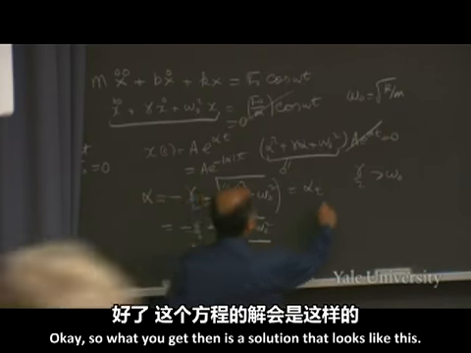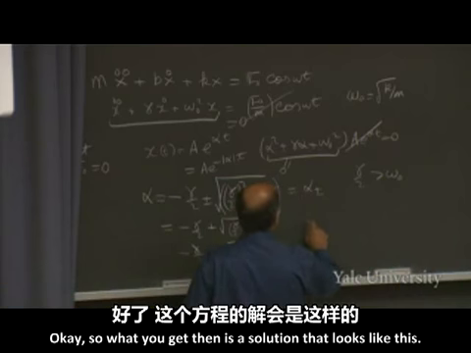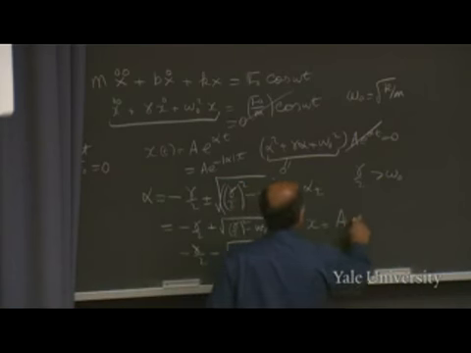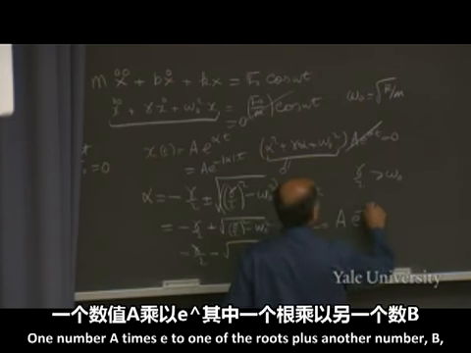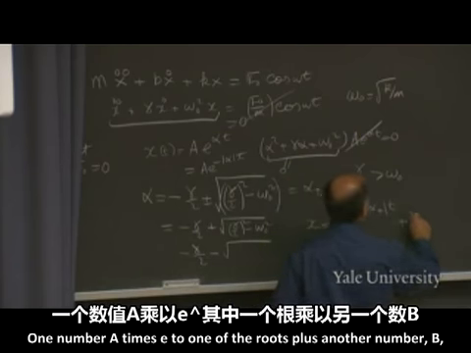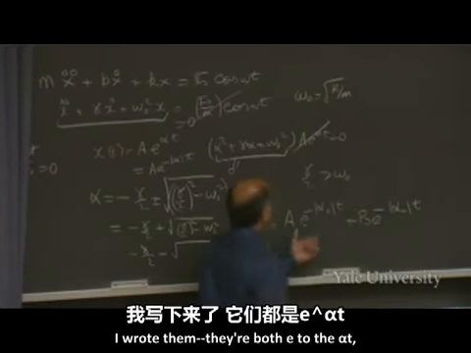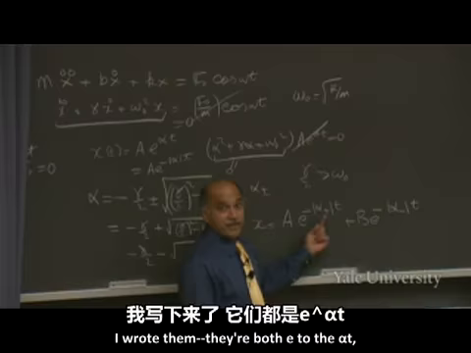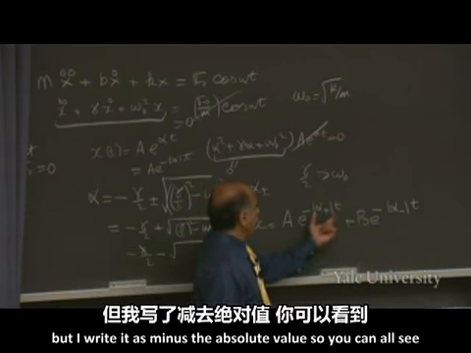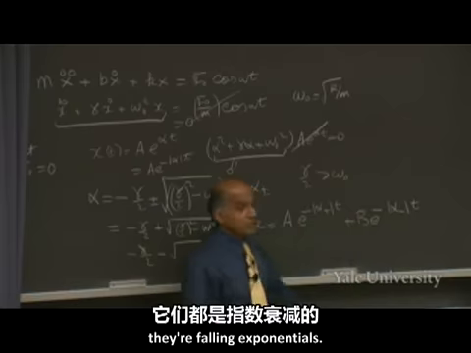Okay, so what you get then is a solution that looks like this: one number a times e to one of the roots plus another number b times e to the other root. They're both e to the alpha t, but I write it as minus the absolute value so you can all see they're falling exponentials.